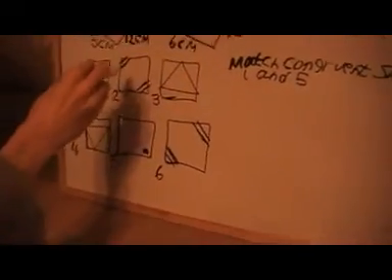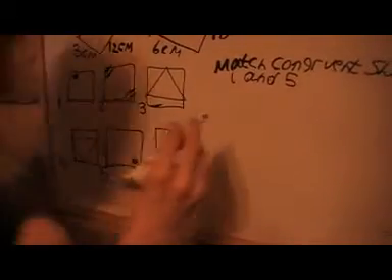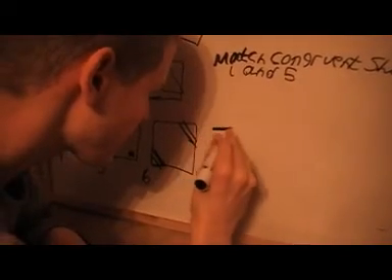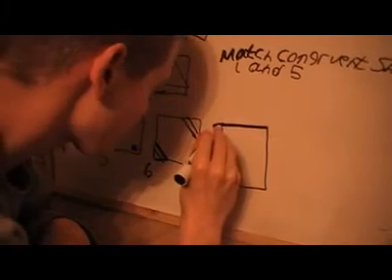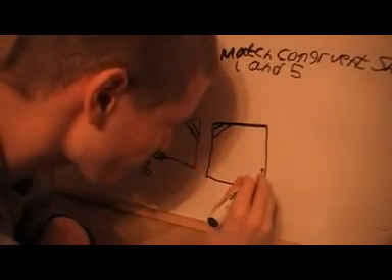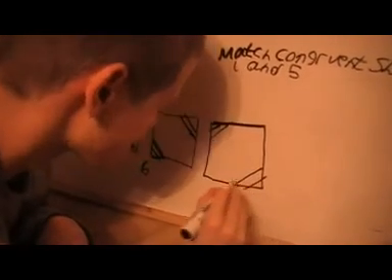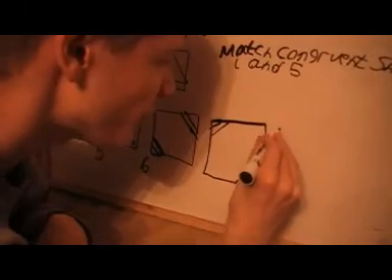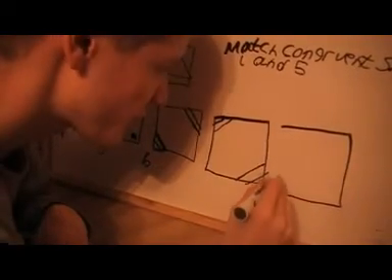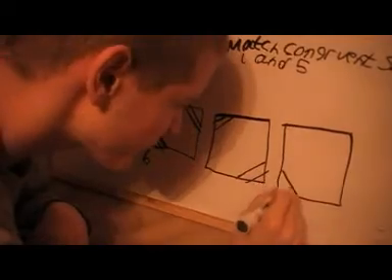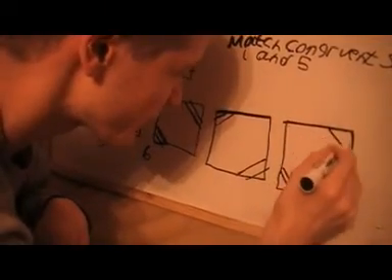Now I've also got one here with 2 lines in one corner and another one down here with 2 lines in one corner. The first one, number 2, looks something like this. Then we've got number 6 down here, which looks slightly different, it looks something like that.